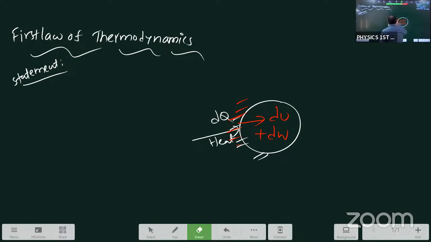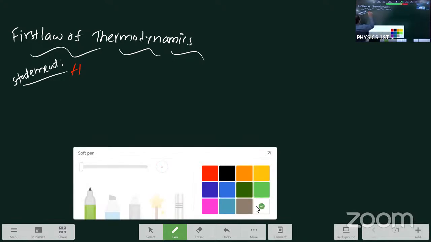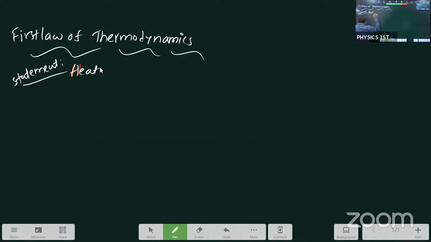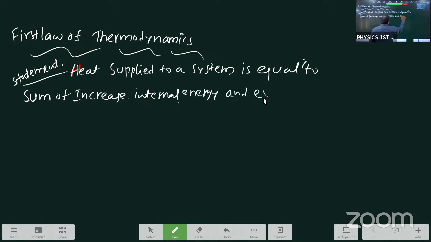So we write: heat supplied to a system is equal to the sum of the increase in internal energy and external work.